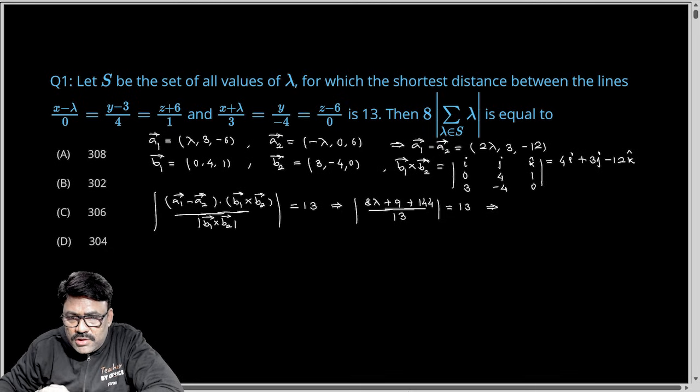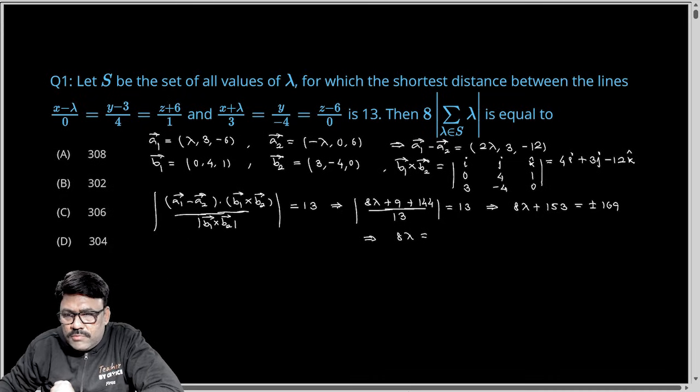So you are getting 8 lambda plus 153 is plus minus 169 when you remove the mod sign. So 8 lambda is plus minus 169 minus 153.